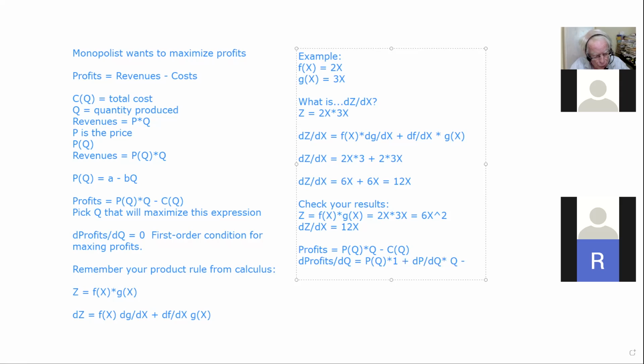And then finally, differentiate total cost with respect to q, and we're done. Since this is the first order condition, people set it equal to zero.